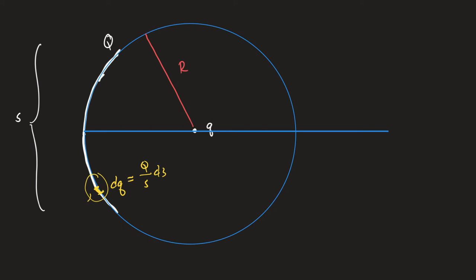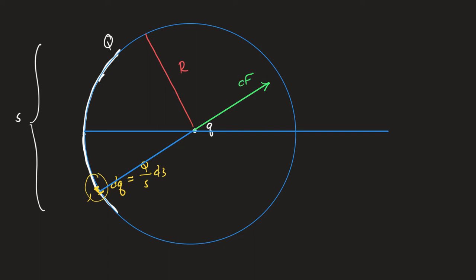So, in fact, I think right now, if I was to connect these two and use that to indicate the direction of the force, would you agree there's a force in that direction from my piece dq?